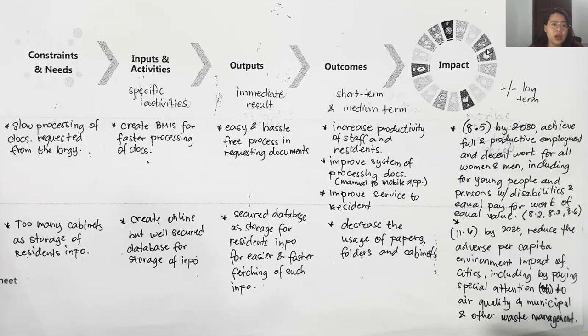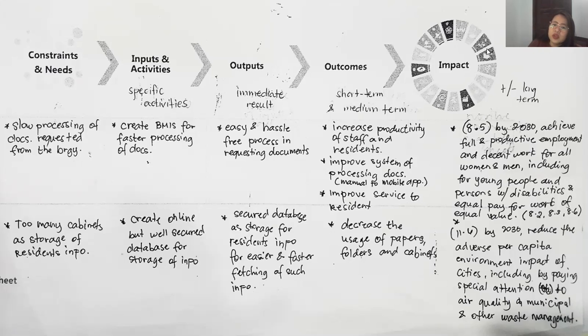That's the problem. So their specific activity is that they created iRequest for faster processing of documents. And then for their immediate result, which is the output, it created a free process. Requesting of documents became easier and hassle-free. Okay, it became an easier, hassle-free process. That was their immediate result.